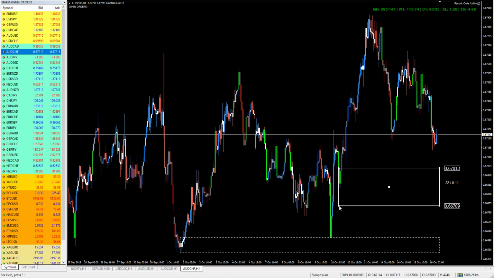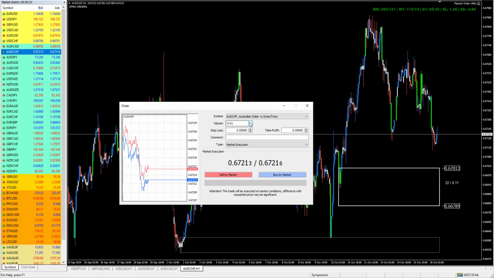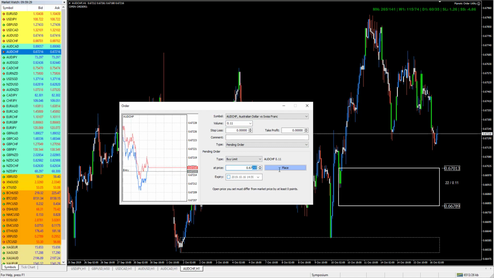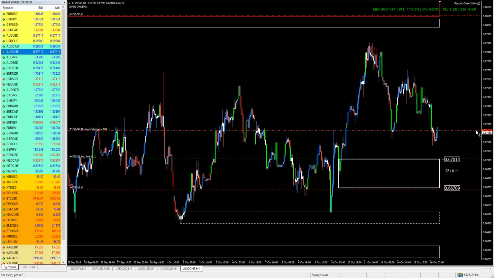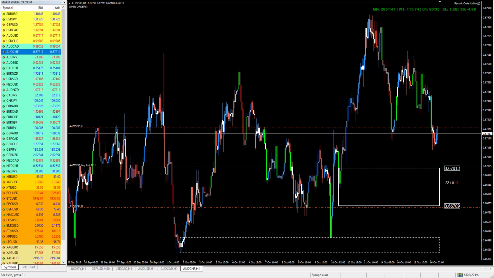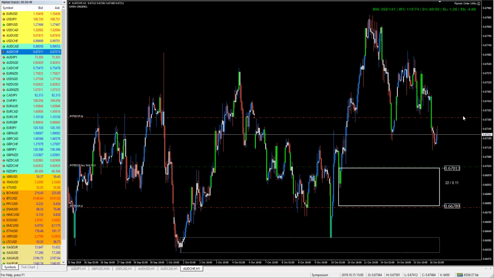I'll take 2 times the size of that and I'll put that in. 67.02. Leave it at 1-to-1 yet. Test, cut through, so we could do something like that. The lows, we don't know. That's what we have there. So we'll leave that on there.